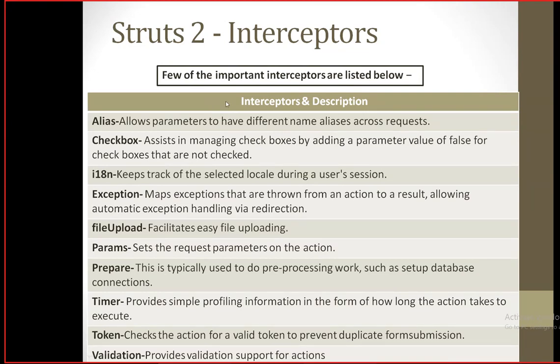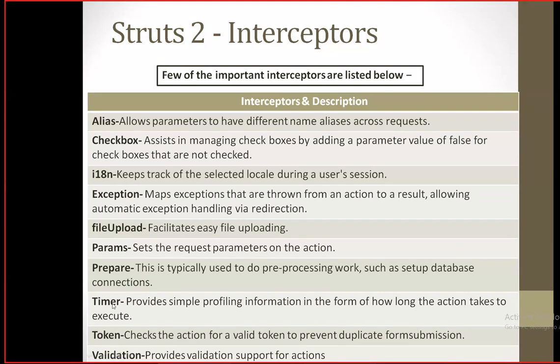But those checkboxes which are not selected by the user when the form is submitted, it changes the parameter value of those checkboxes to false. It does not keep it like that. Understood? So this is one of the pre-processing steps performed by the checkbox interceptor. Understood?